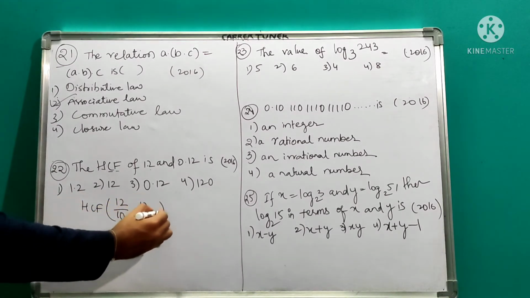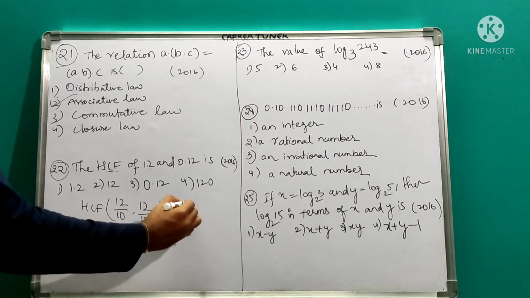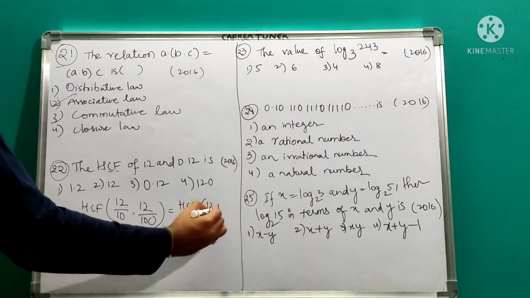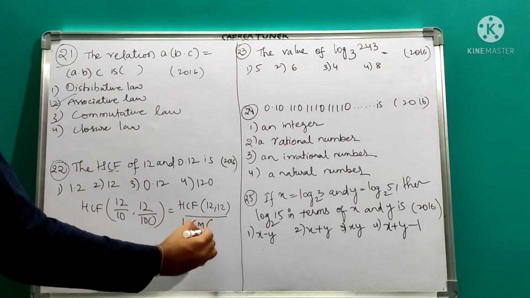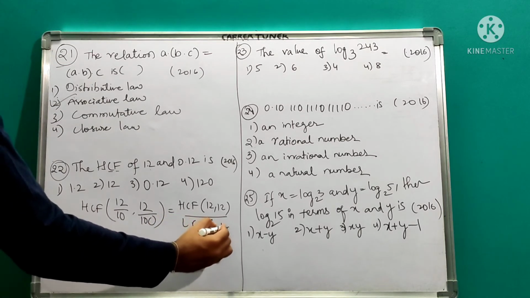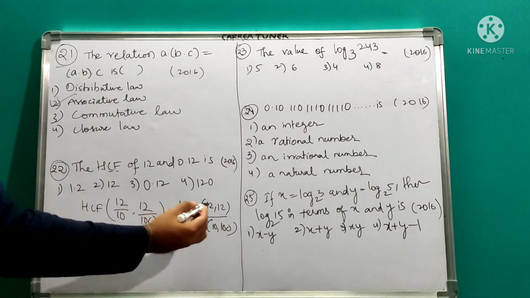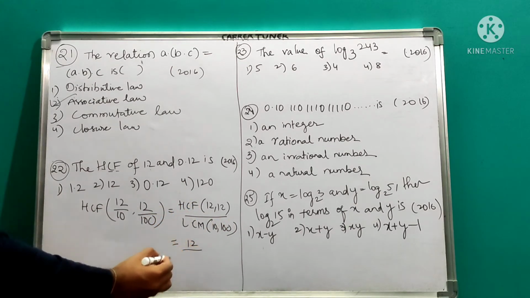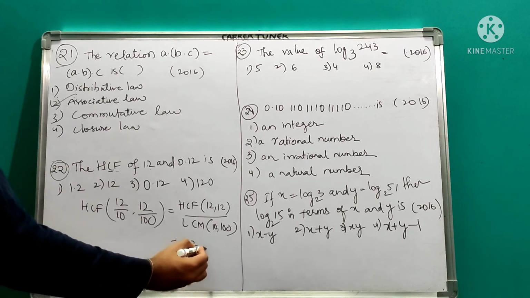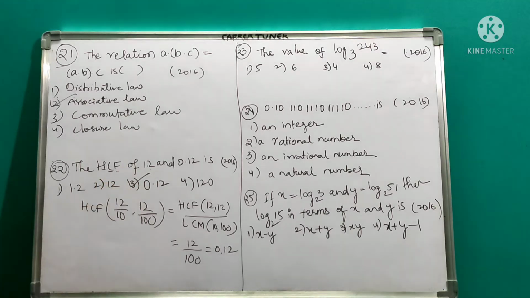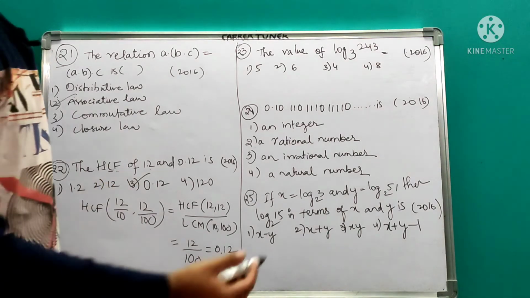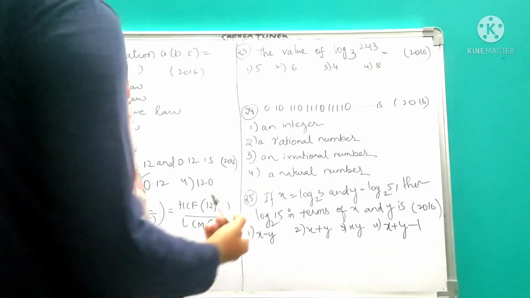The HCF of two fractions is nothing but the HCF of numerators divided by the LCM of denominators. So what is the HCF of 12 and 12? It's 12. And what is the LCM of 10 and 100? It is nothing but 100. So what is the answer? 0.12 is the answer.